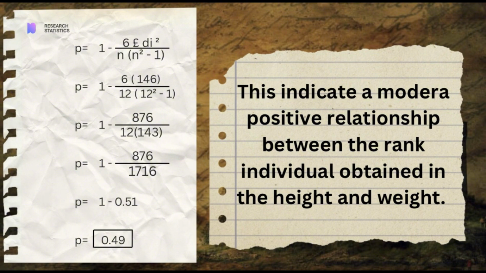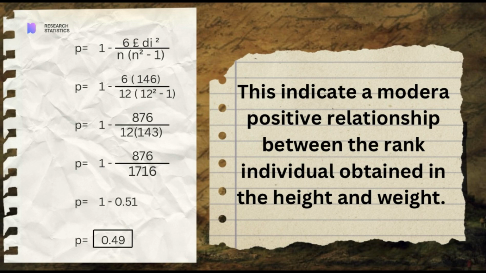So, this is the formula: rho equals 1 minus 6 times the sum of D squared, divided by N times the quantity N squared minus 1. The sum of D squared we already have is 146.